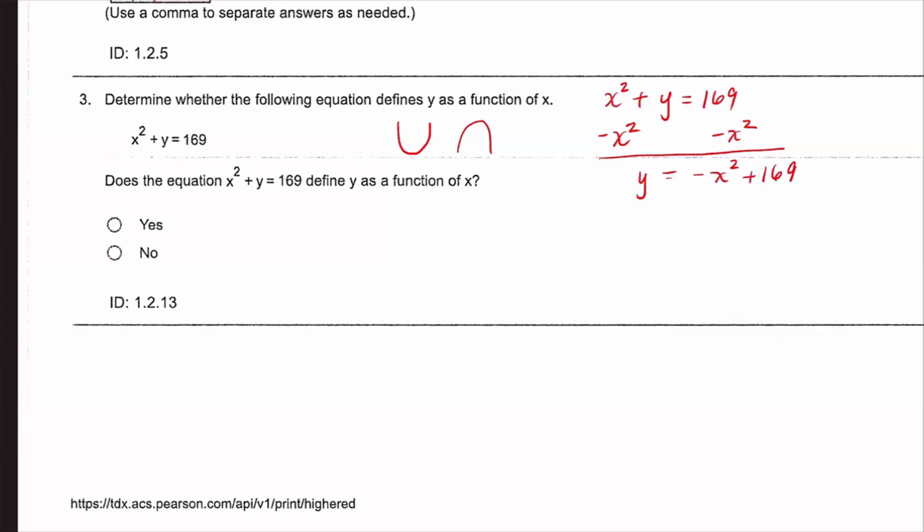And the thing is, you're supposed to analyze what happens if you plug in a value for x. So for example, think about it. If you put in a 1 for x, you're only going to get one output for y. If you put a 1 in for x, let's say we have this negative in front and then 1 squared plus 169.